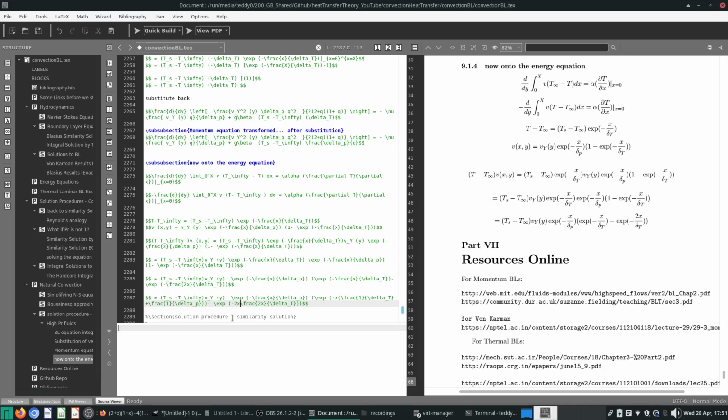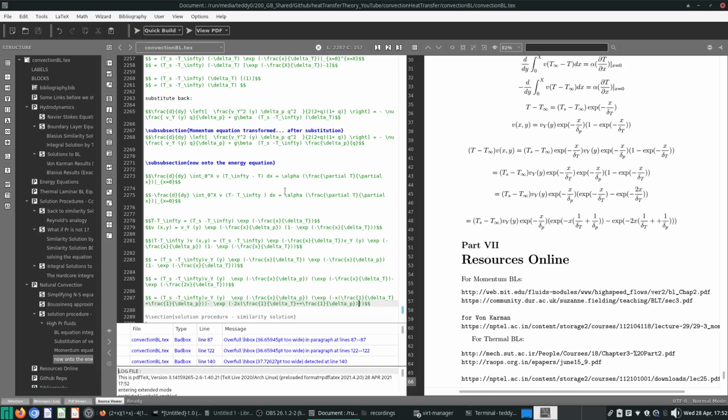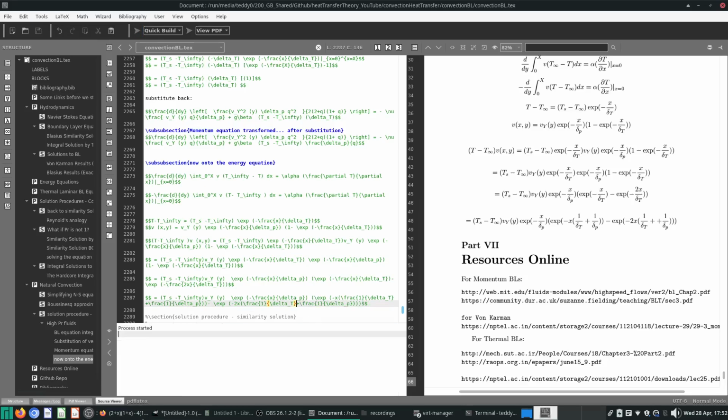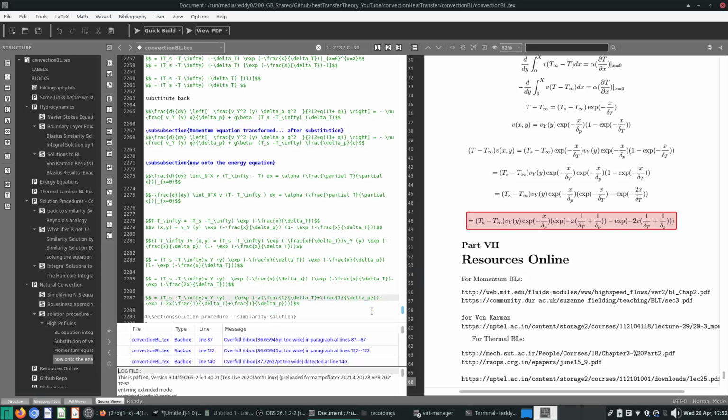Two x here. Now we got it. I don't want two pluses over here, but that's what they seem to be giving me. Then I can remove this first exponential.